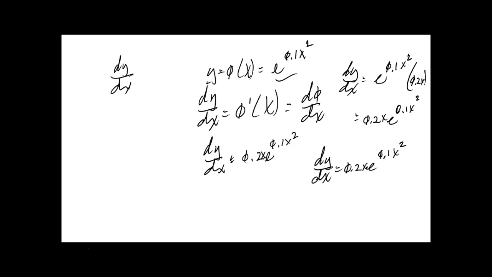Now, let's do something else to this. This part right here, what is that? That's what your y is. So you could also have written this as dy dx is equal to 0.2 x y. Right?